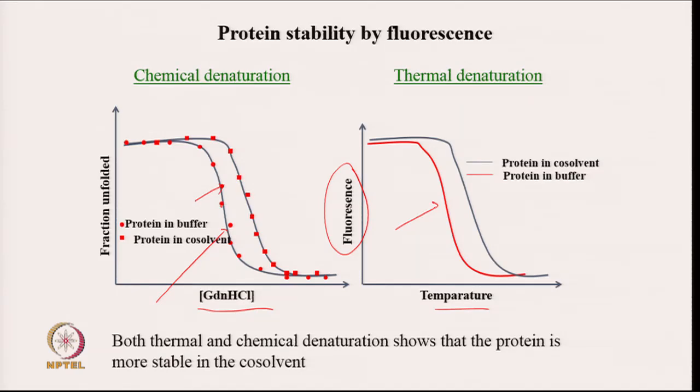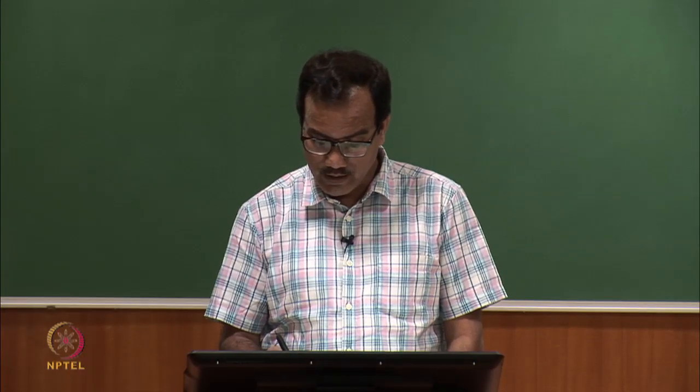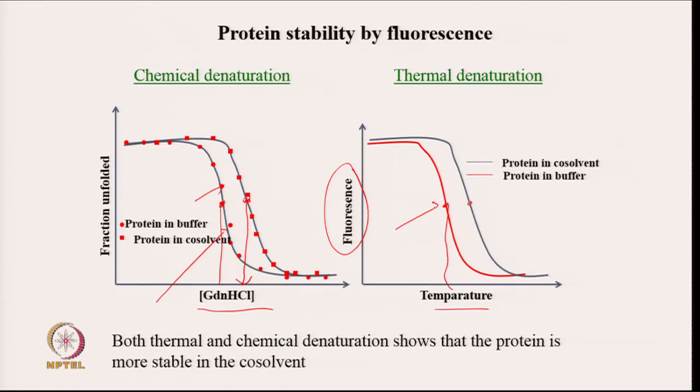Here you can see that Cm increases to this point, so your protein is more stable, since more denaturant is needed to unfold the protein. Here also you can see this is the Tm value, and this is the Tm value in the presence of co-solvent.